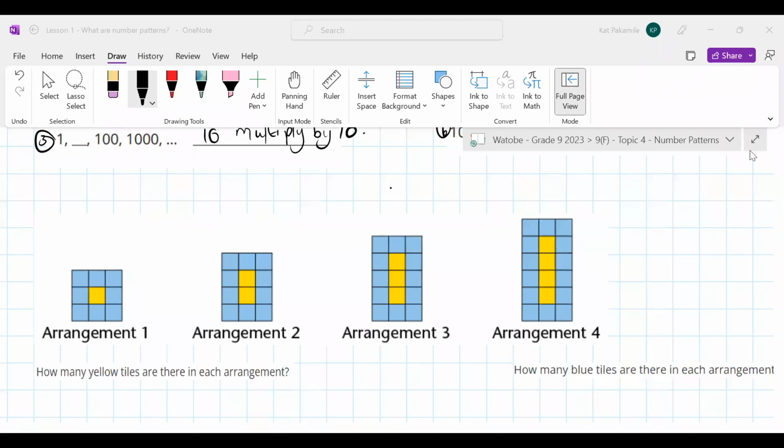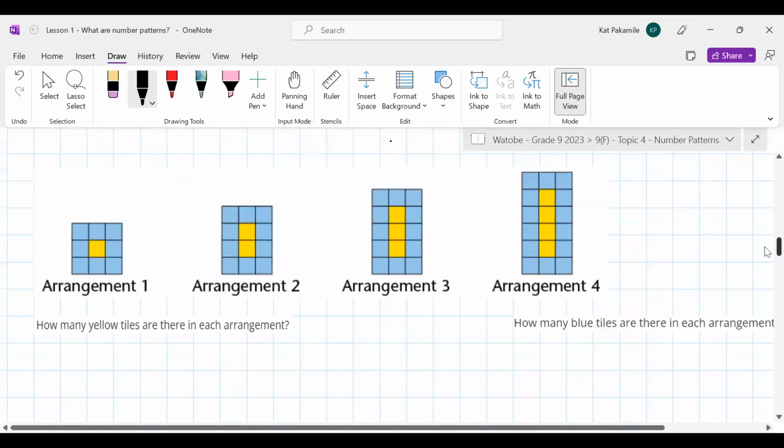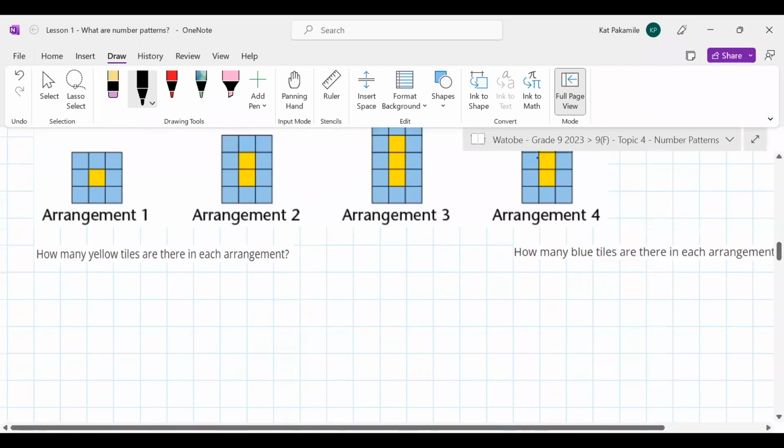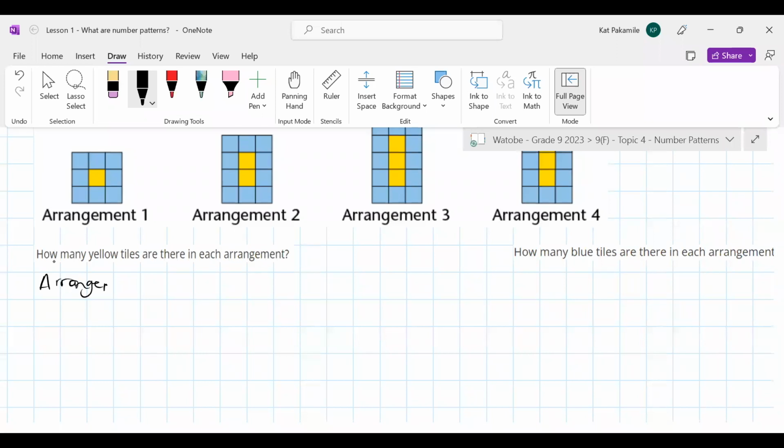There we go. AD, let's hear what AD has to say. Ma'am, I'm thinking we're adding 1. Okay, maybe for the yellow. Let's start with yellow. So arrangement 1, I'm going to just say A1, A2, A3, and A4.